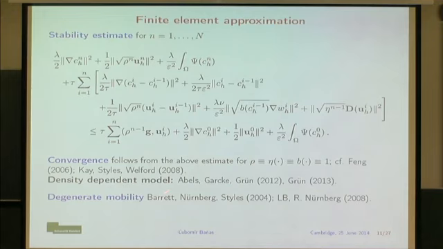At least for the constant density and viscosity case, we can show convergence along the lines of the works of Feng, Kees, Stinner and Belfort, which was done for the smooth potential case. I mentioned the density-dependent models of Abels, Garcke, Grün, and the convergence analysis that was done by Grün recently. Our model is different, so we don't have this nonlinear flux term there, but we still can get an energy inequality by the reformulation.